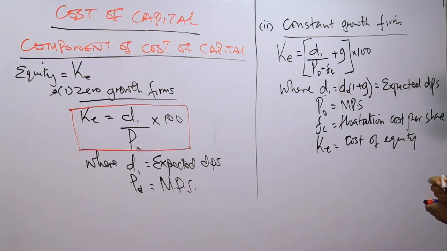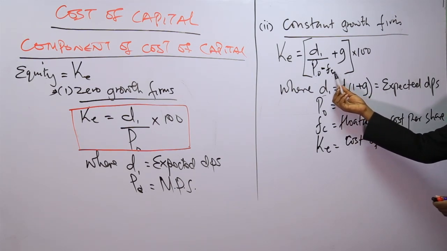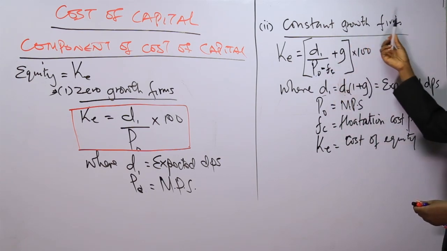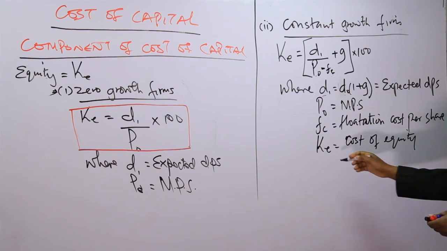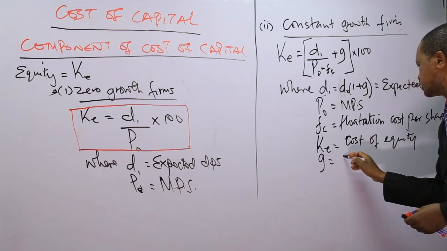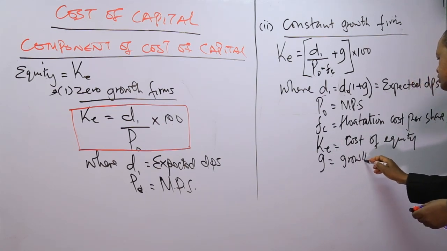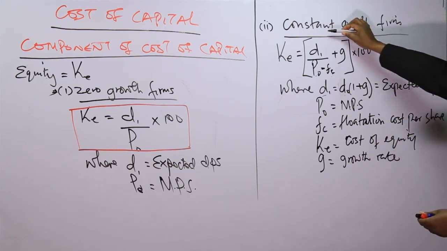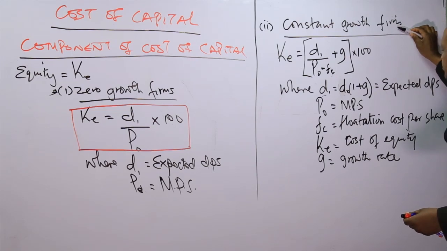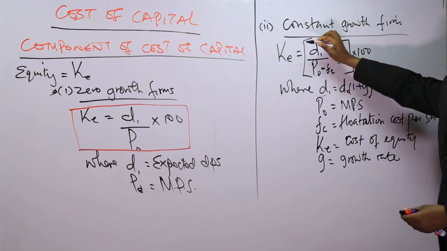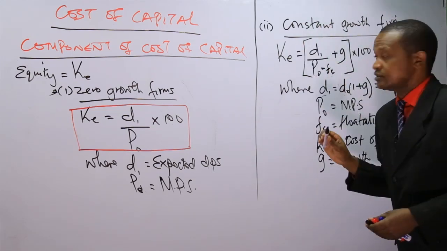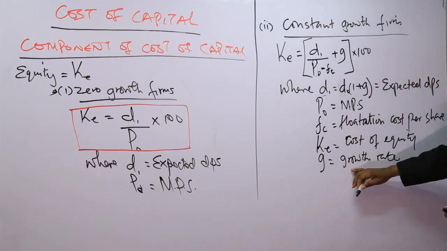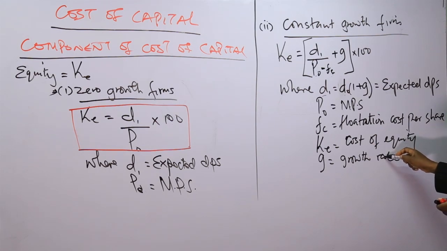So this is the formula for the constant growth firm. And of course, G is equal to the growth rate, because remember we are talking about a constant growth firm. So if a company is growing at a constant rate, then we'll add G, which is the growth rate.